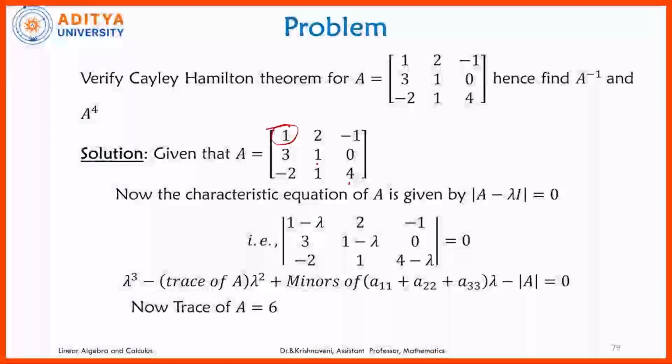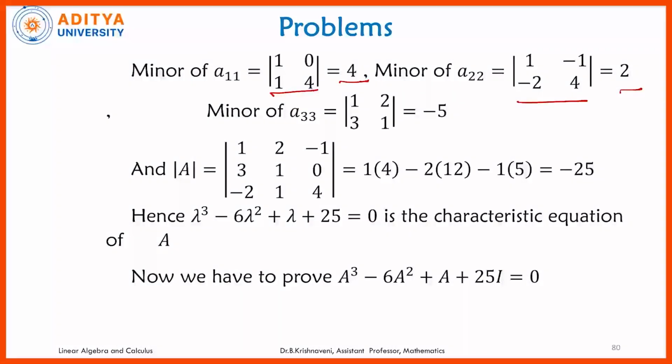Next, the minor of A22 is the determinant of [1, minus 1; minus 2, 4], which is equal to 2. Finally, the minor of A33 is the determinant of [1, 2; 3, 1], which is equal to minus 5. Also find det A. Finding the 3 by 3 matrix determinant, the value is equal to minus 25.